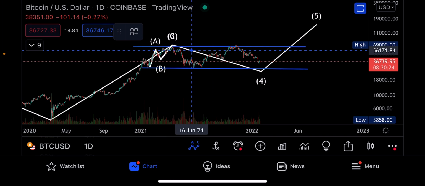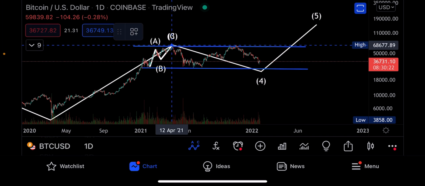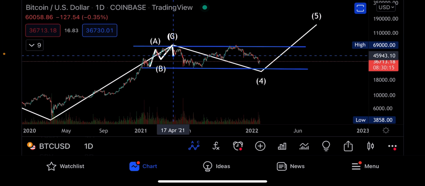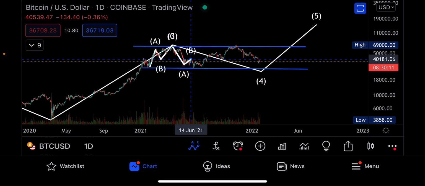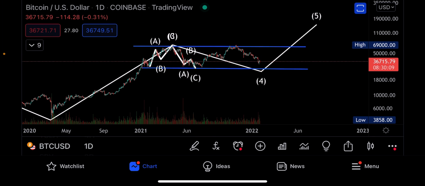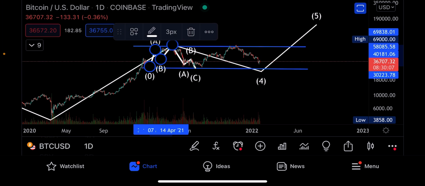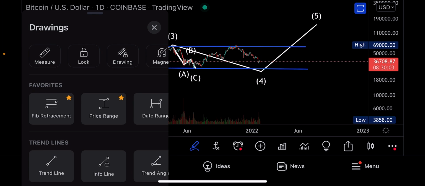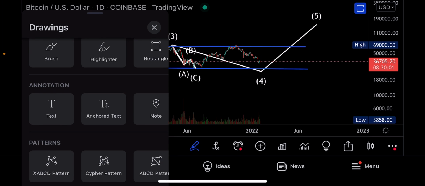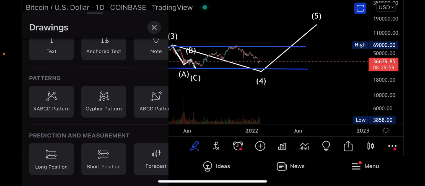Actually, I think it's correction. Let me see. Yeah, this is actually 1, 2, 3 right there. There's your first 3, because it starts at the beginning of the correction. That's my bad.